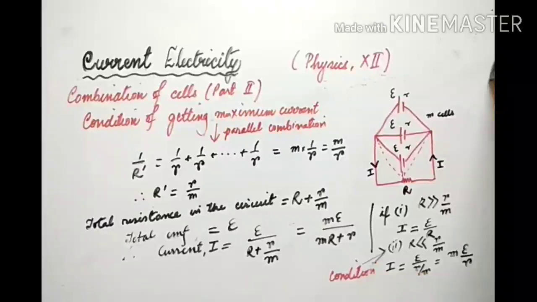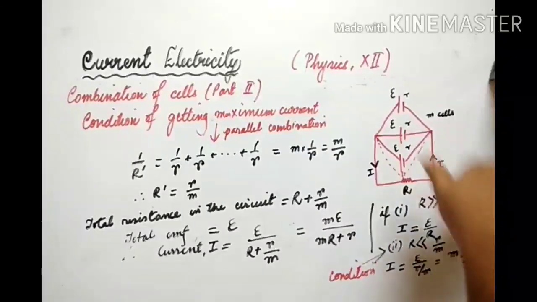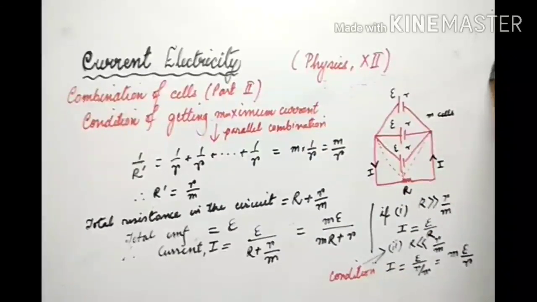Okay, so now let us draw the equivalent circuit after finding the equivalent resistance, current and EMF.